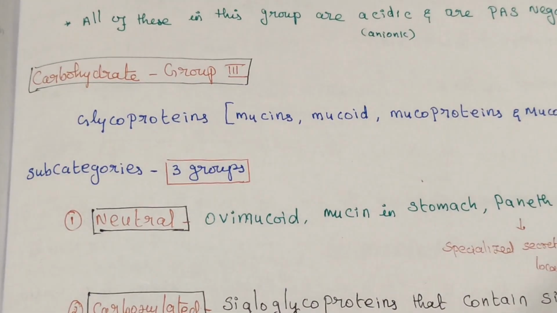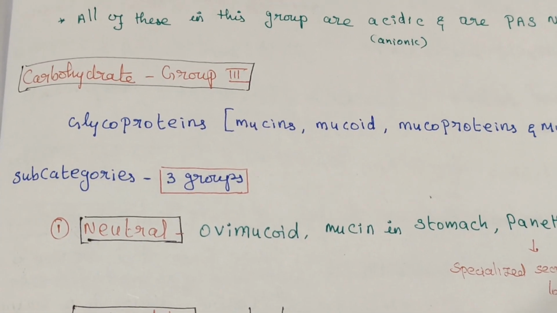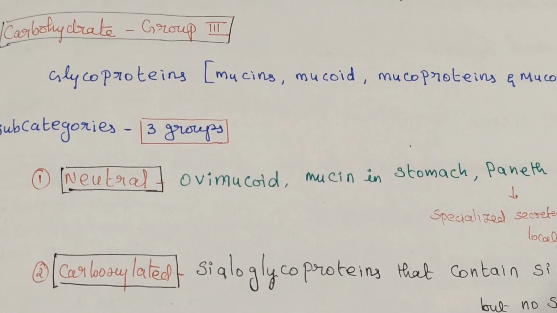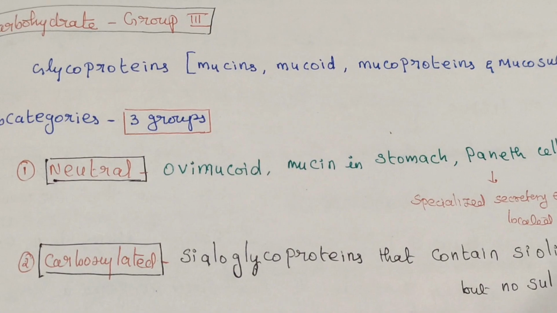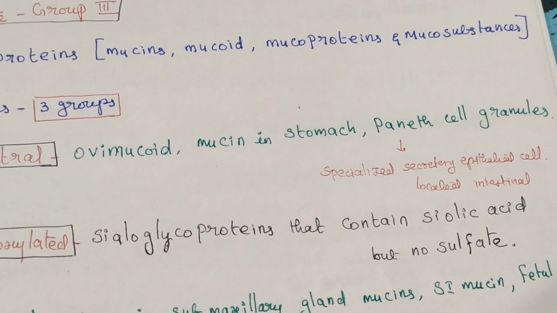So group 3 carbohydrate category, based on the glycoprotein, has 3 subcategories. Egg white, that mucin, in the stomach and beneath cell granules.